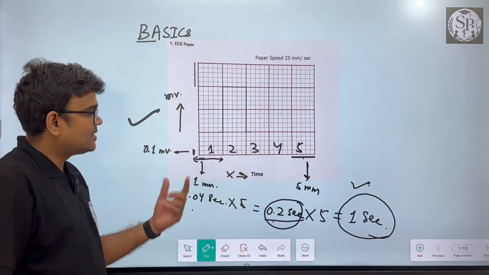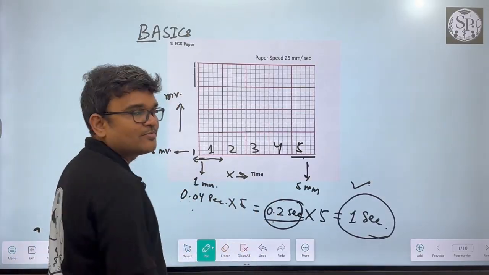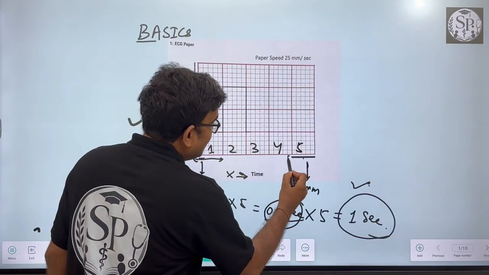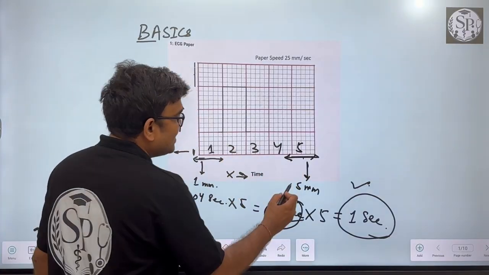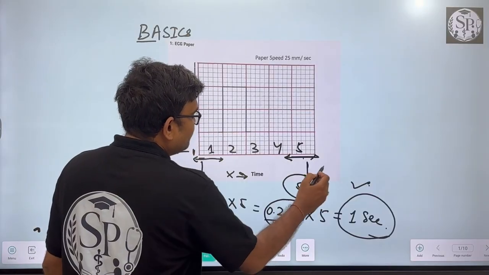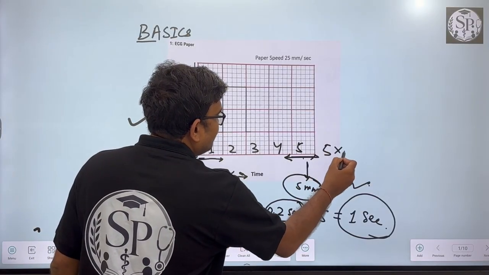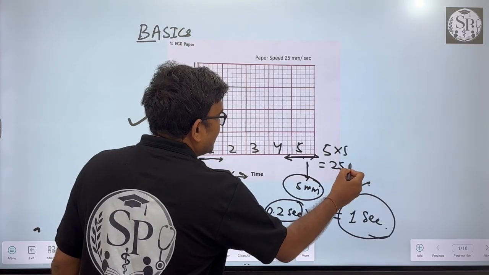What is the distance of 5 large squares? Each large square is 5 mm, so 5 large squares is 5 into 5, which is 25 mm.